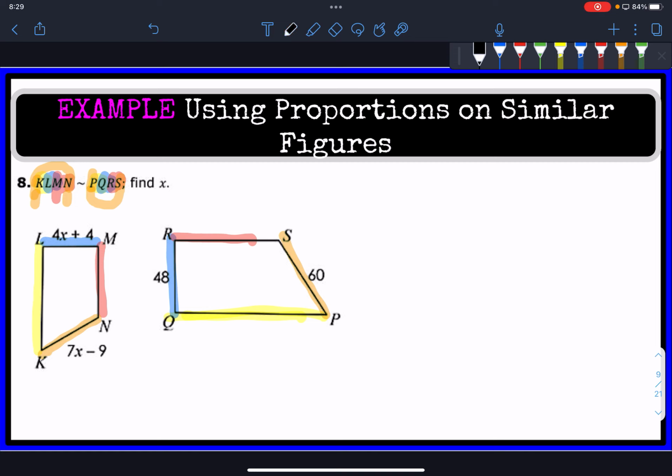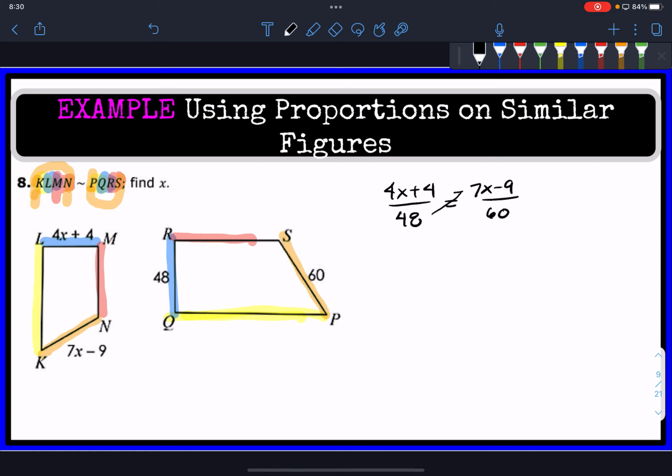So if I divide the corresponding sides, 4x plus 4 with 48, that's going to equal dividing any other set of corresponding sides, particularly this one with this, 7x minus 9 over 60. Now here I don't have the fortune of having a simplified fraction.